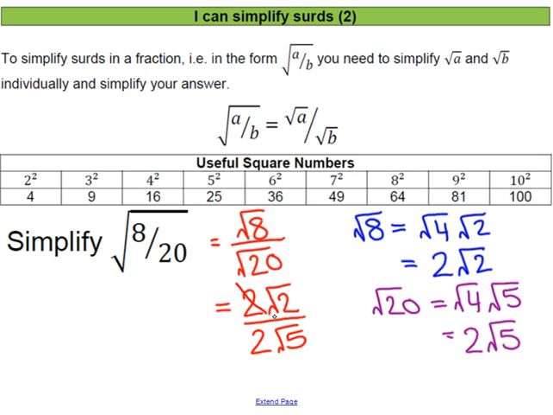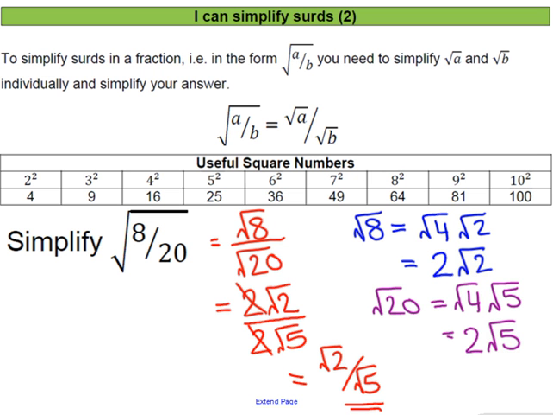These 2's I have here will cancel out with each other to leave me with the square root of 2 over the square root of 5. So the square root of 8 over 20 is equal to root 2 over root 5.